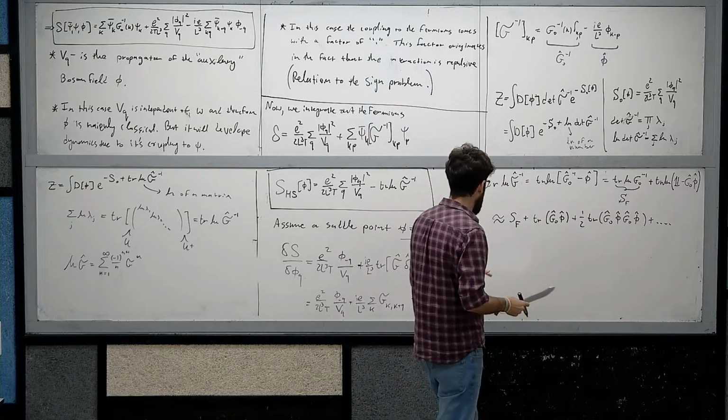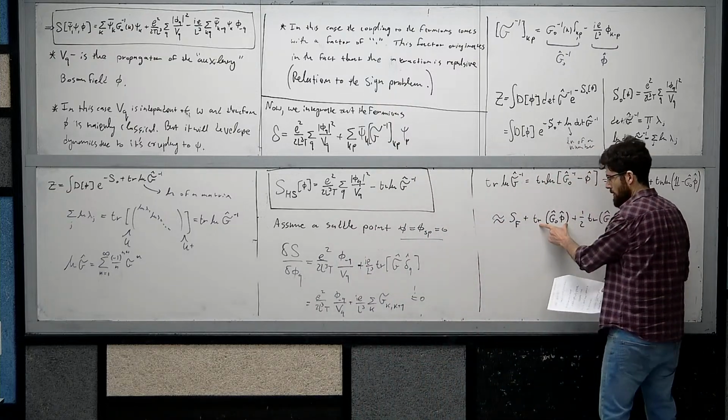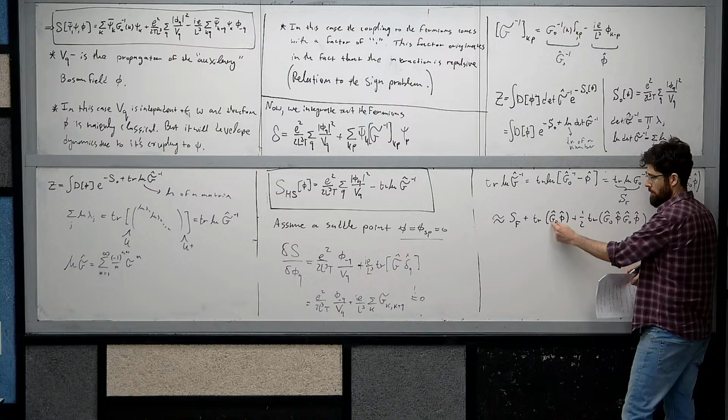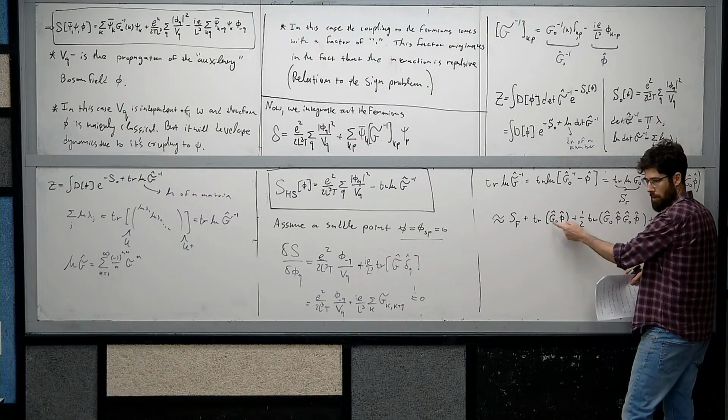So this guy is going to give you the energy of a constant density in the presence of a potential phi. I'm going to skip that, it appears in my notes.